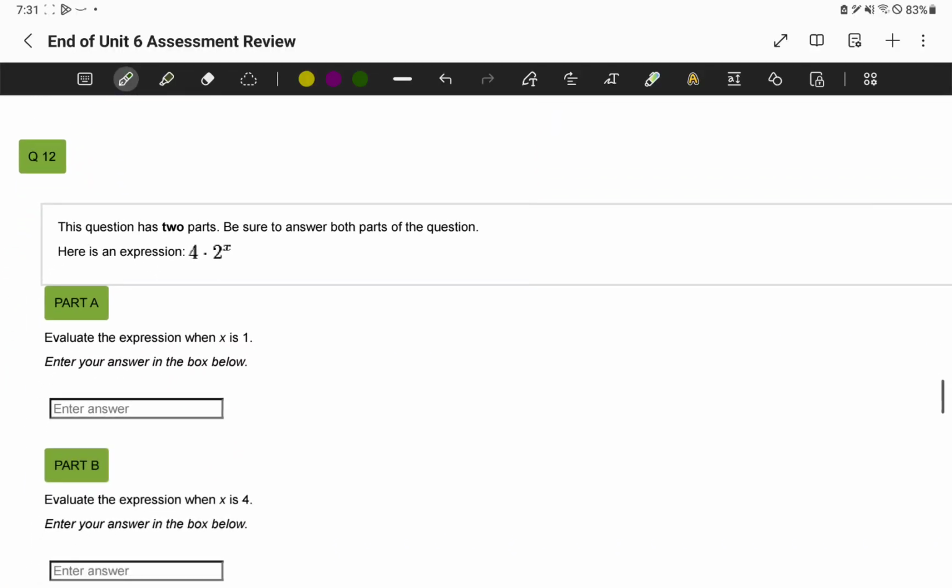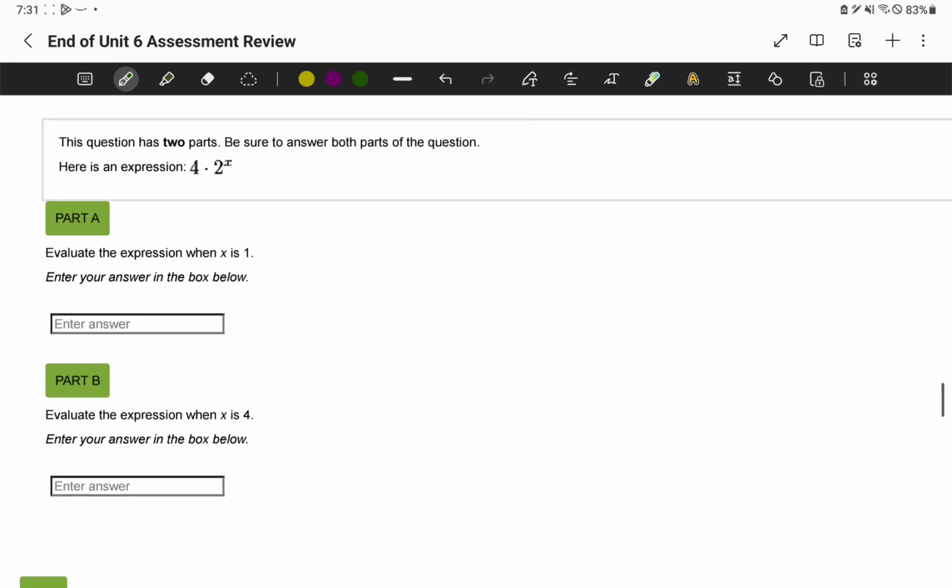Now, here's a question a lot of you struggled with on the most recent quiz. It has 2 parts. Be sure to answer both parts. Here's an expression. Okay, so we're using this expression on both parts. Here's x.